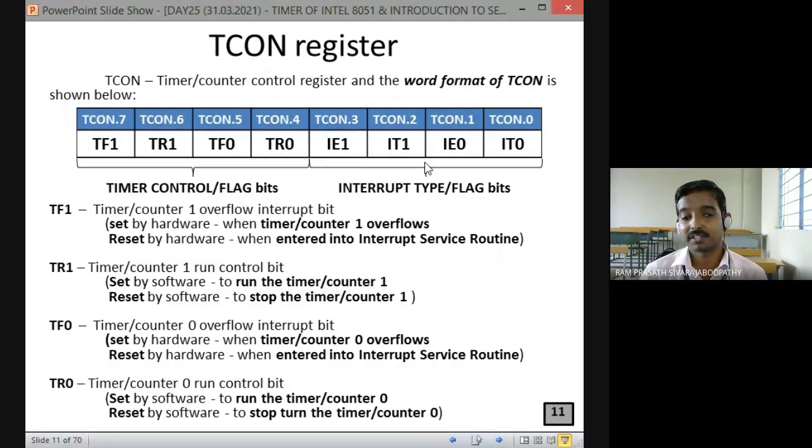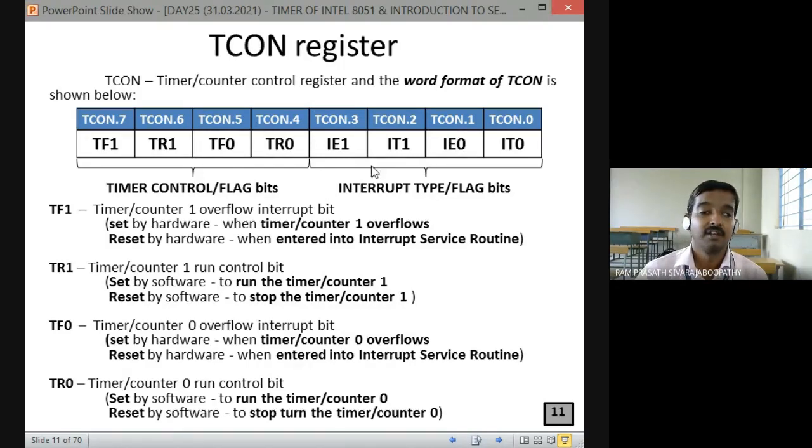Totally we have 5 interrupts: 3 internally generated and 2 externally generated. What about the 2 externally generated interrupts? INT0 bar and INT1 bar. Yes, correct?